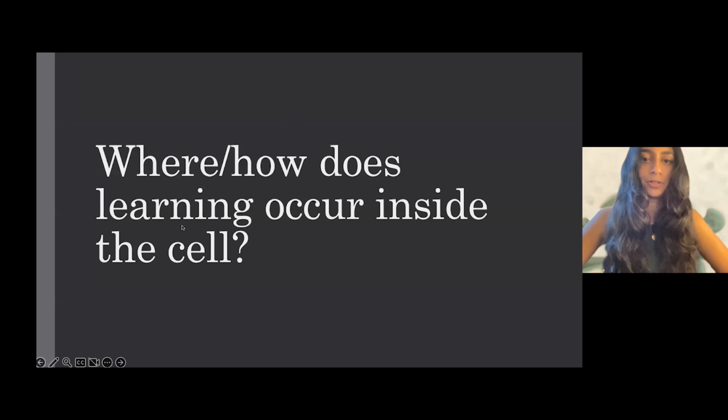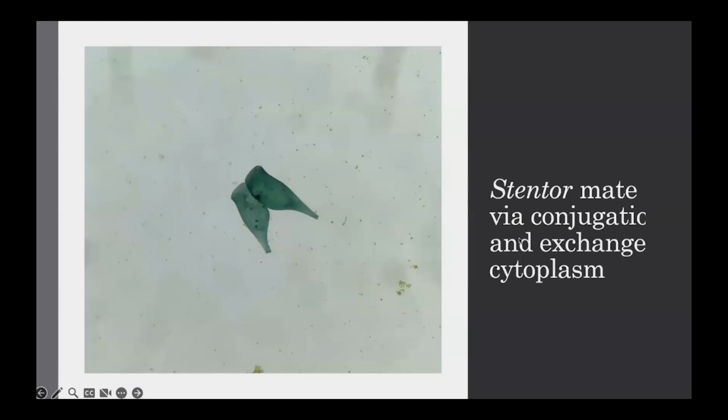Okay, so now to this next question: where and how does learning occur inside the cell? This is still very much an open question that I'm working on in the lab. So the things I'll show here are very preliminary and just things that are on my lab bench as we speak. I first want to mention that Stentor mate via conjugation and exchange cytoplasm. Stentor can reproduce sexually and asexually.